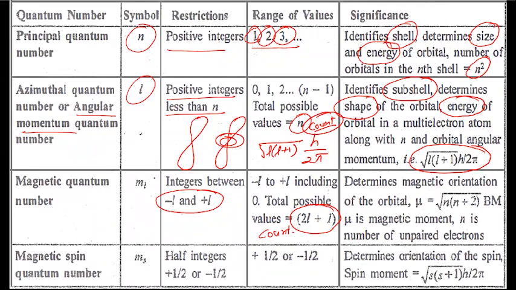This magnetic quantum number gives information about the orbitals and determines magnetic orientation, means in which direction they are aligned, and magnetic moment is also given by this. Remember, don't get confused by n here. N here is not the shell number or principal quantum number. N here is the number of unpaired electrons.